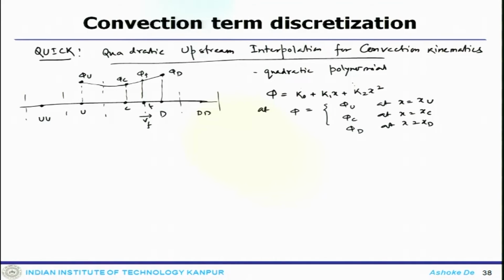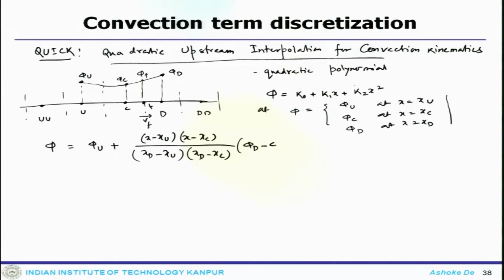In order to find those coefficients, you need 3 sets of information, and if you put this back and solve it, what one gets is phi equals phi u plus x minus x u, x minus x c, over x d minus x u multiplied with x d minus x c, times phi d minus phi u, plus x minus x u, x minus x d, over x c minus x u, x c minus x d, times phi c minus phi u.